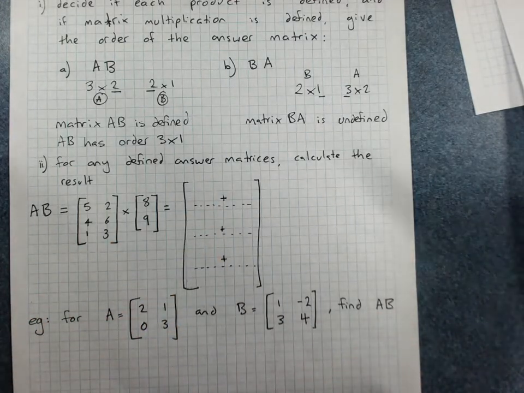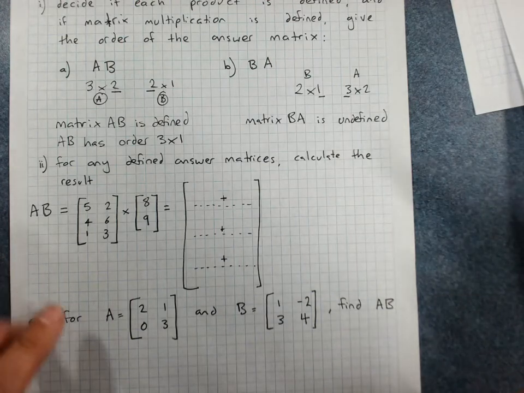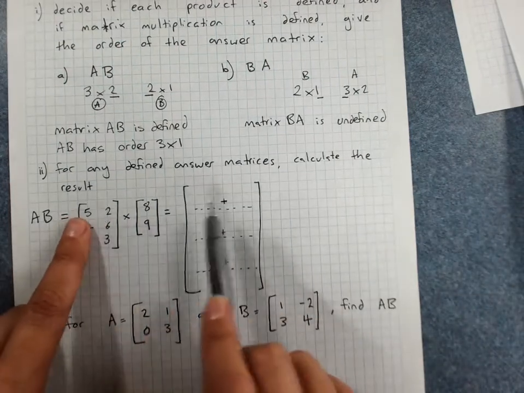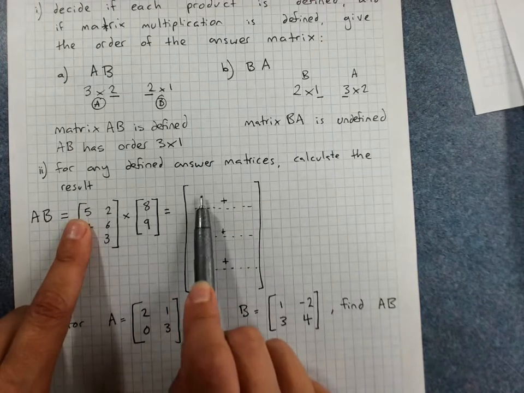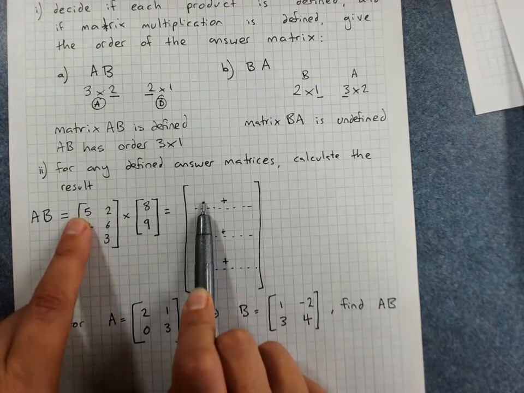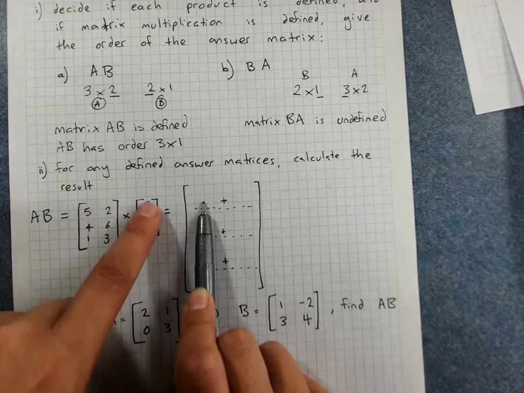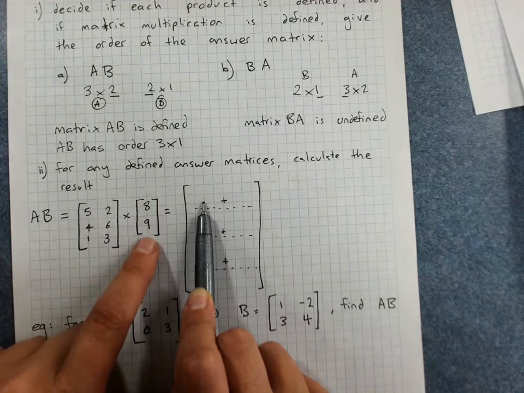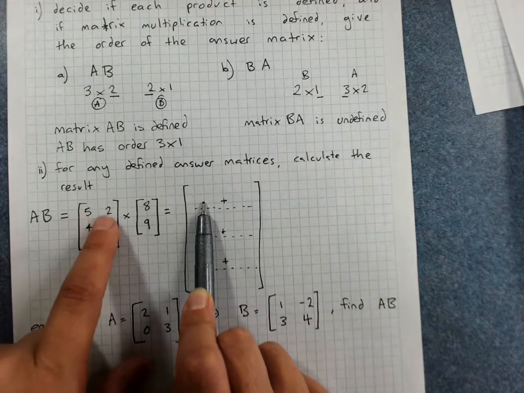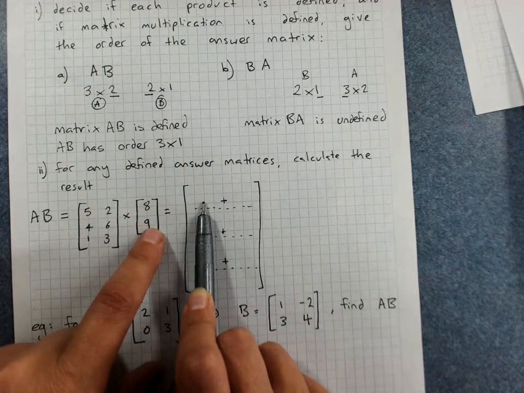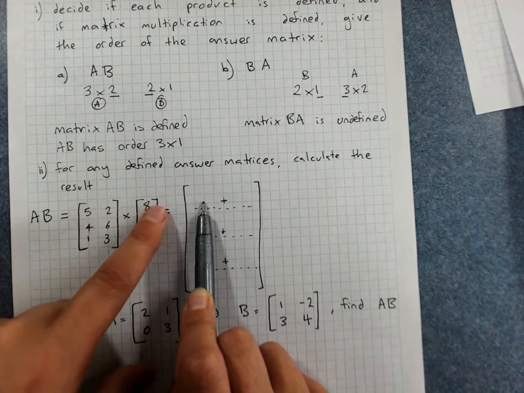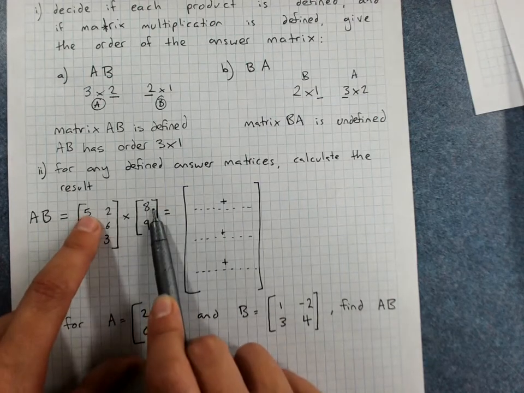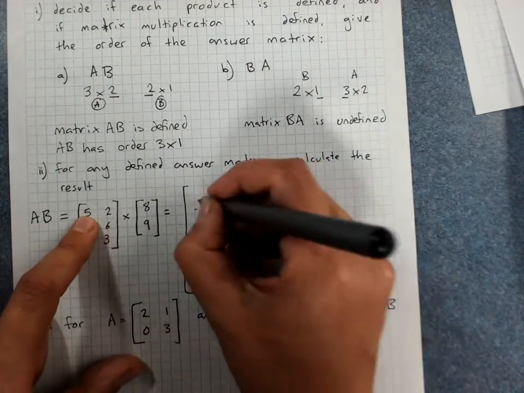If you try to wing it, it's probably not going to work. First thing in the first row gets multiplied by the first thing in the first column. Now here we've only got 1 column, which is nice and easy. So it's going to be every row times the column. 5 times 8. First term, element by first element.